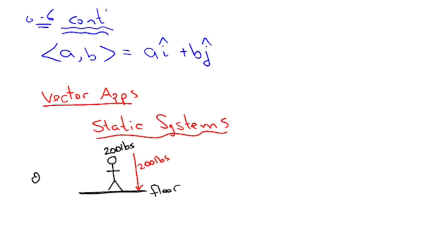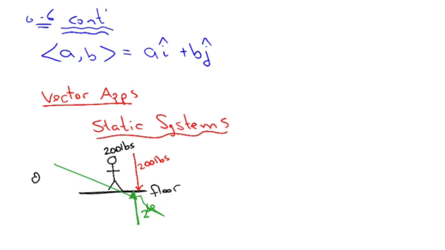So the floor is exerting a vector in the opposite direction, and it is also pushing up at the same 200 pounds.